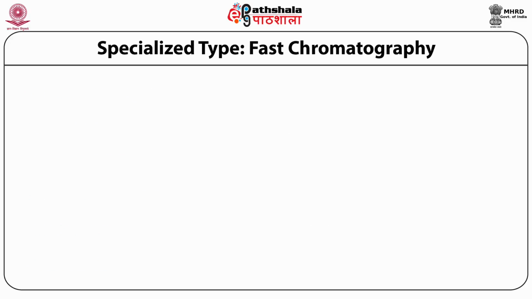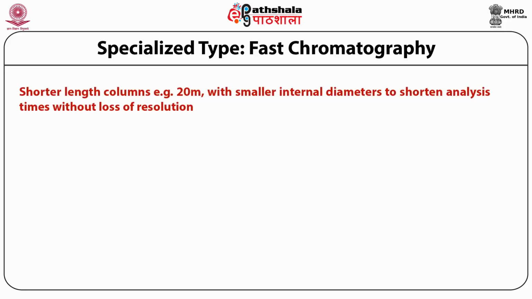with a mention of a specialized type of gas chromatography called fast chromatography, which typically involves using a much shorter length of columns than the wide range available, and they have much smaller internal diameters that allows the analysis time to be much shorter. And these short columns, along with the fast oven temperature ramp rates, so the change in temperatures is much faster.